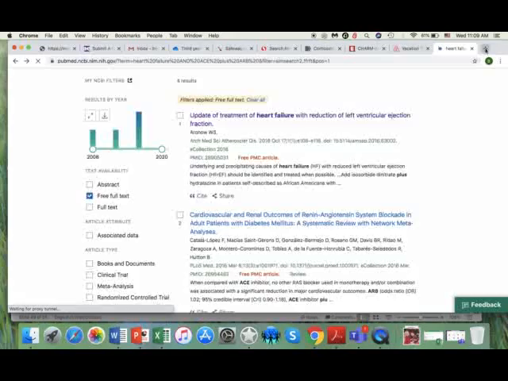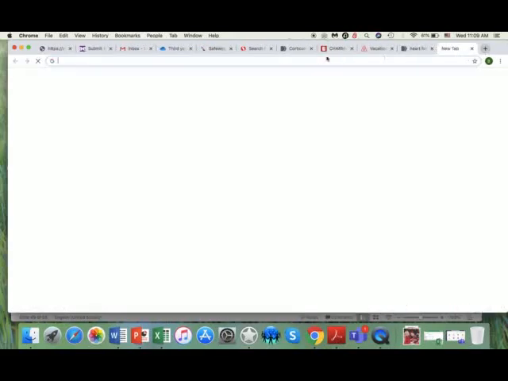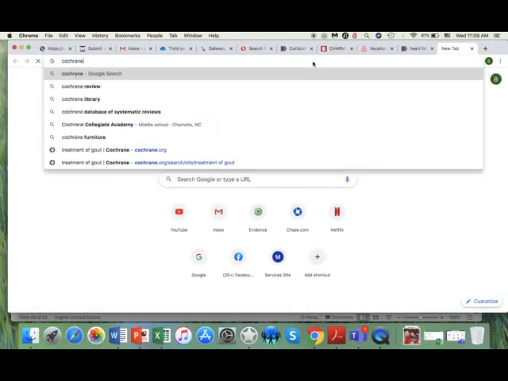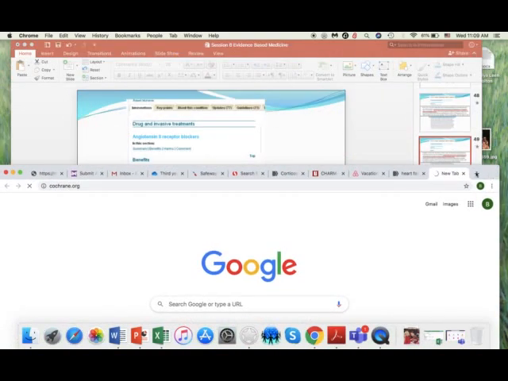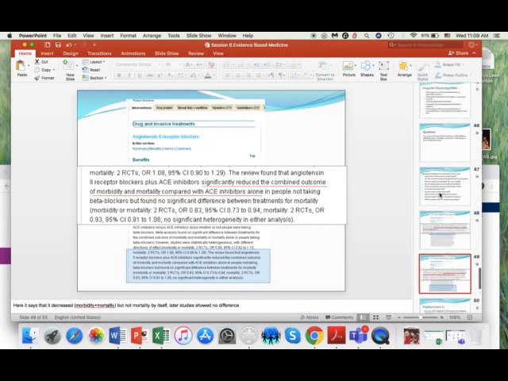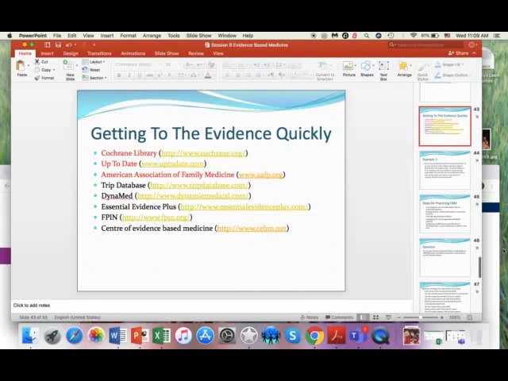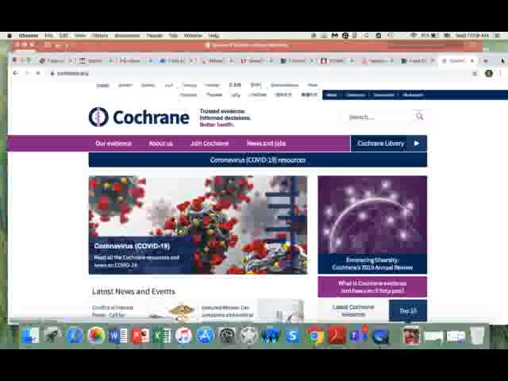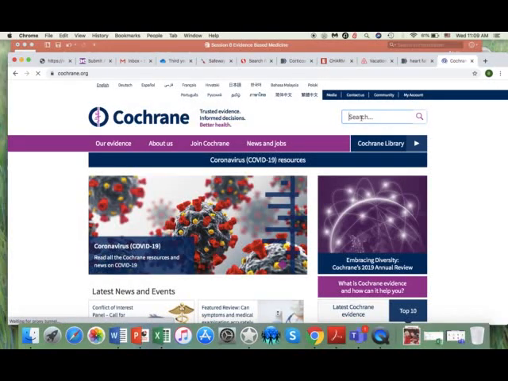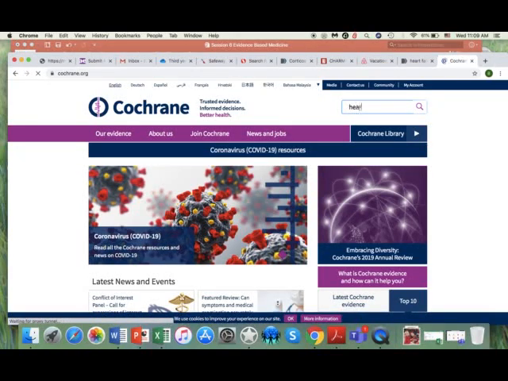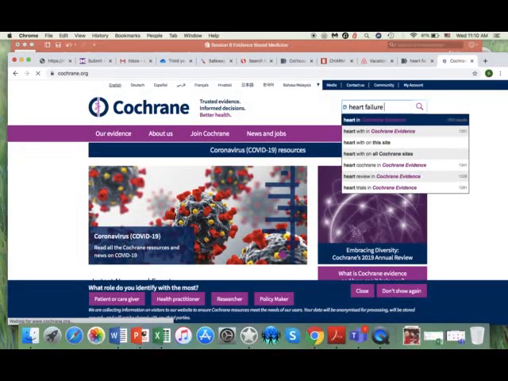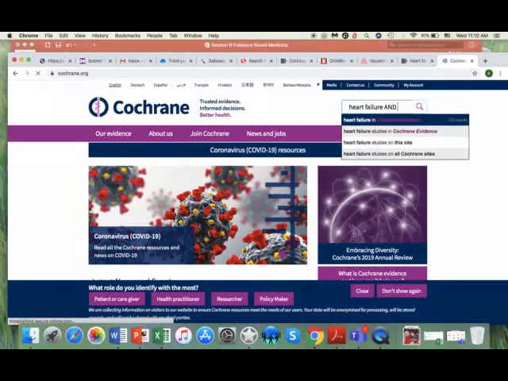And then if we look at the Cochrane database for this same type of thing, we can just come to Cochrane.org, and then maybe we look for the same type of thing, heart failure and ARB plus ACE.